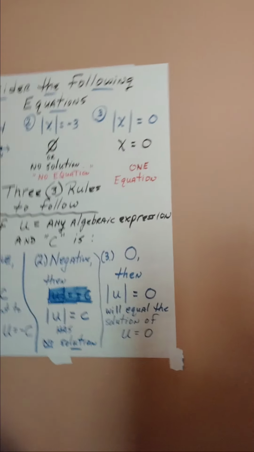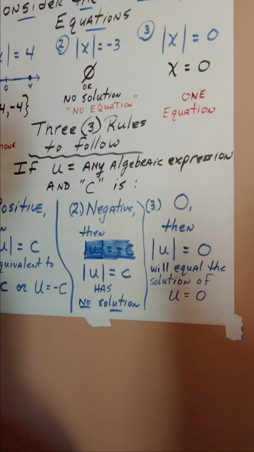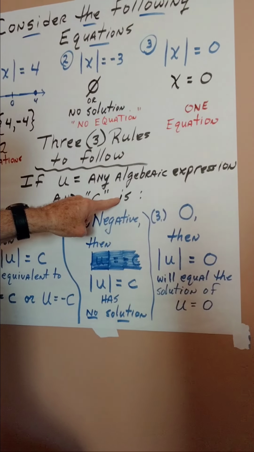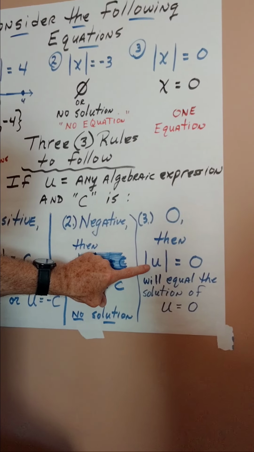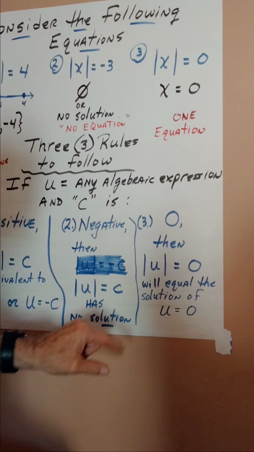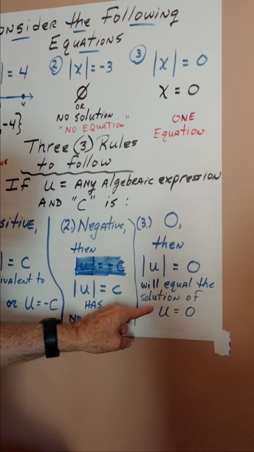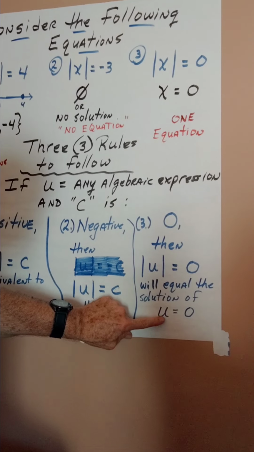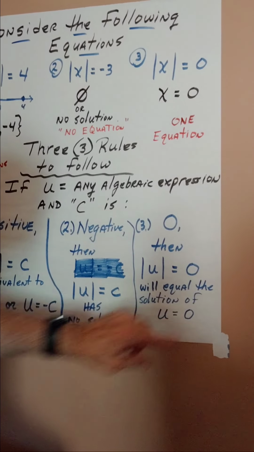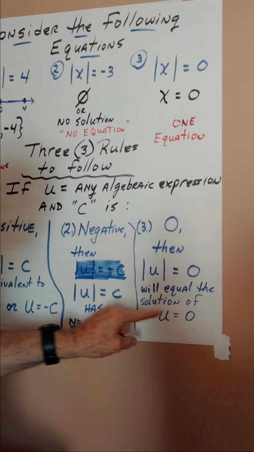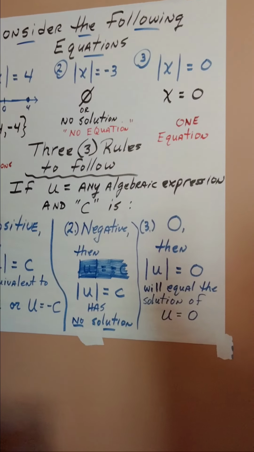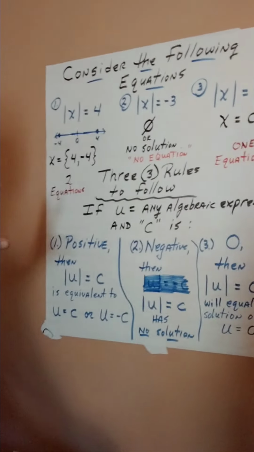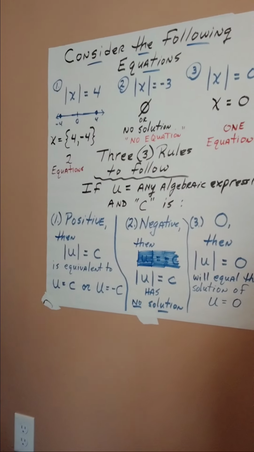And the rule down here: if u is equal to any algebraic expression and c is 0, then the absolute value of u equals 0 will equal the solution of only that algebraic expression equal to 0. There will only be one equation that this form will lead to. So there are 3 rules that we have to honor when we are solving absolute value equations.